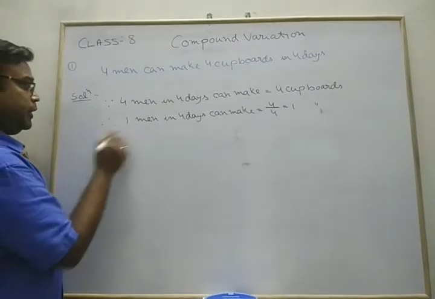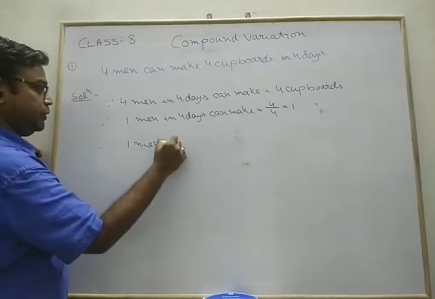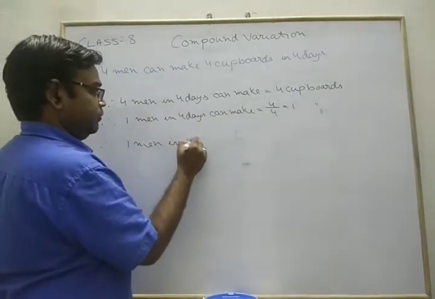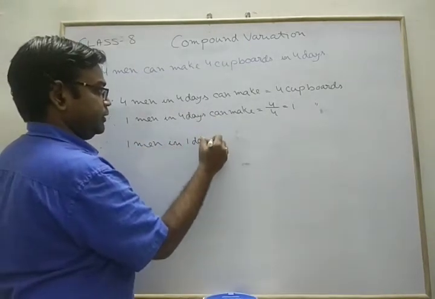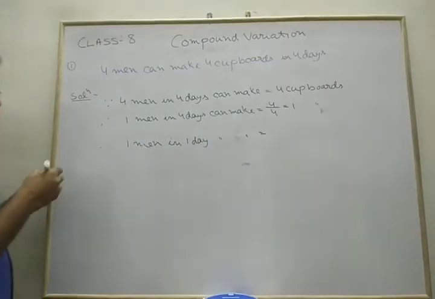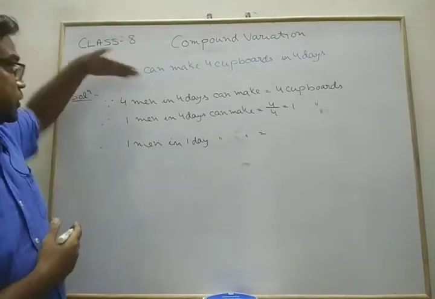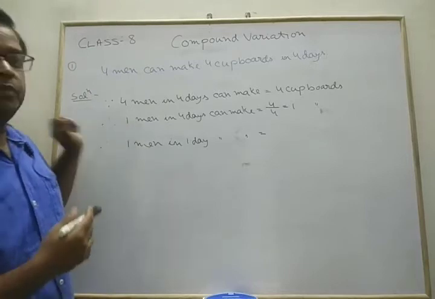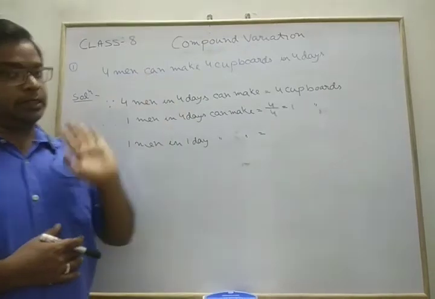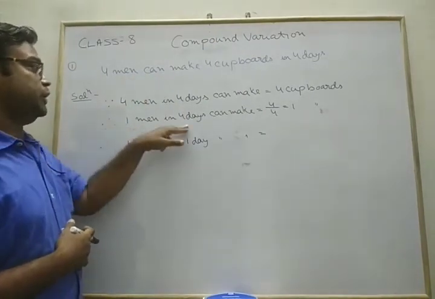Now again, therefore 1 man, now the men part is constant and I am going to change the days part, in 1 day can make how many cupboards? Every time we consider the previous line, not the starting one. First, 4 men in 4 days can make 4 cupboards. This is given to you. From this we find 1 man in 4 days. Days are constant.